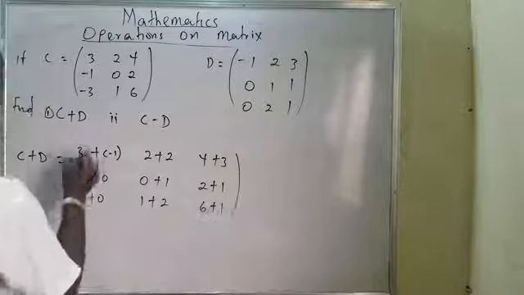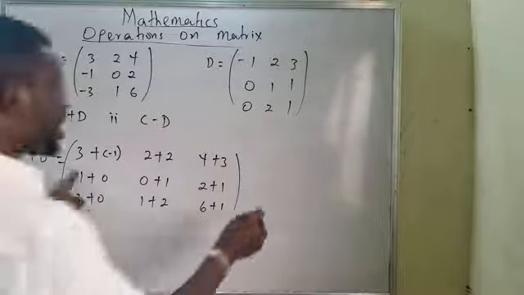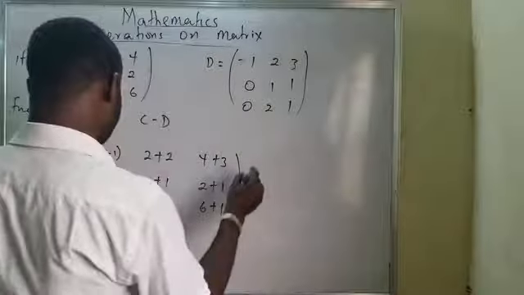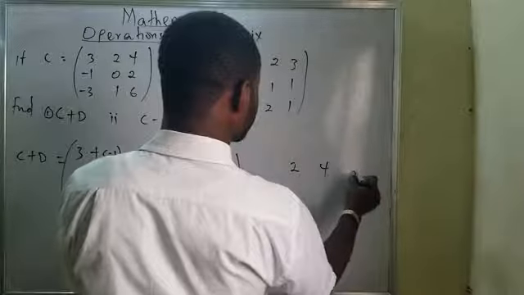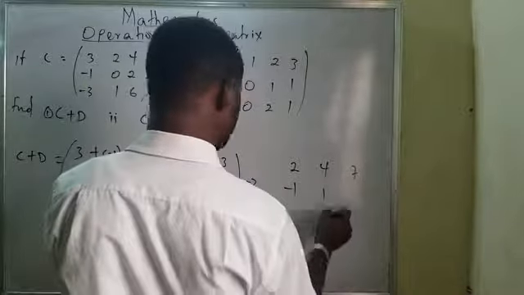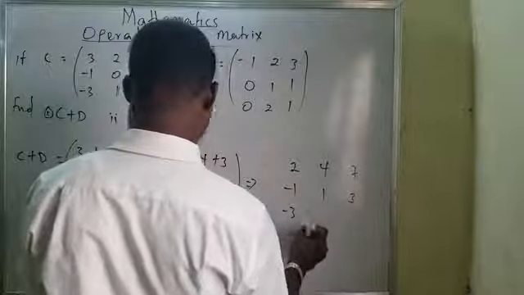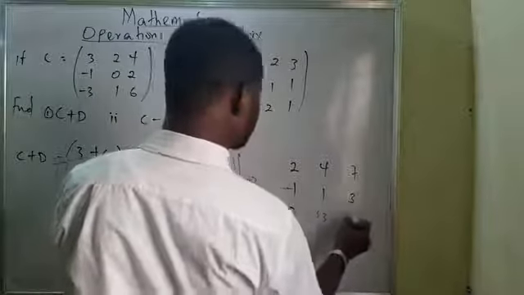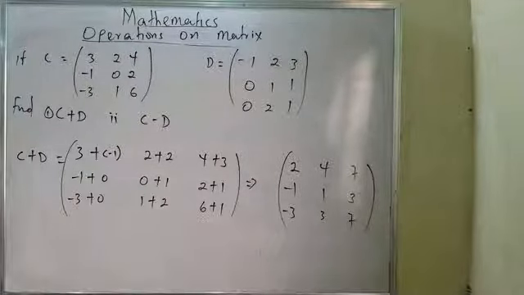Now, by so doing this, I've successfully generated what I need to generate, which I'll be having, it implies 2, 4, 7, minus 1, 1, 3, minus 3, 3, 7. Can you see? That is mine. That is all what I need to do.